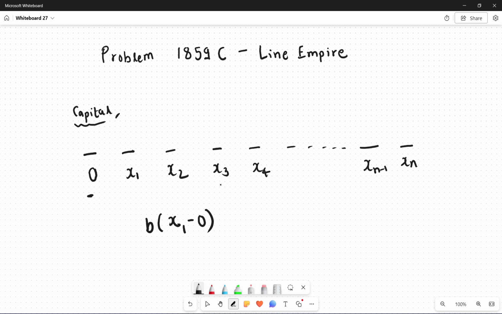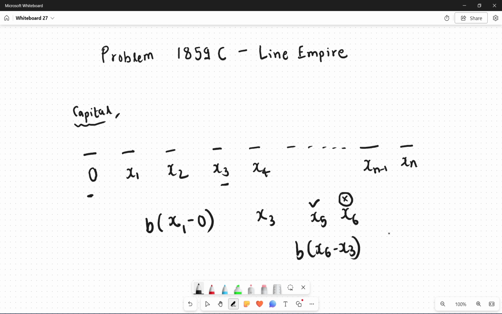Suppose you have conquered x3, then you can shift your capital there, or to x2 or to x1. Basically you can shift your capital to the places which you have conquered. So if your capital is at x3 and you have conquered till x5, and you want to conquer x6, which is not yet conquered, then you will incur a cost of b into x6 minus x3.